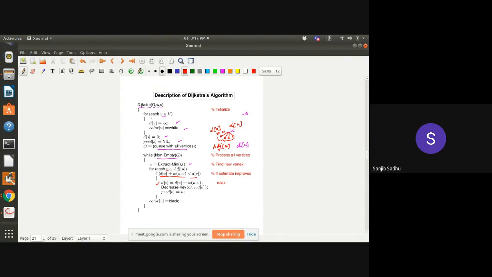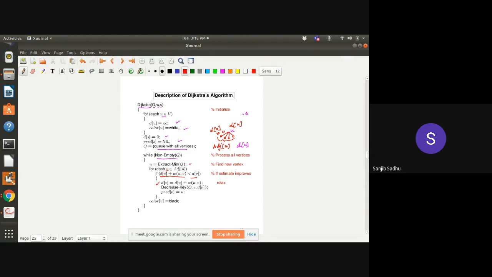For each u value you are assigning infinity and color white. These are constant time. Then you are creating this queue with all the vertices in log n, that you know. Then while the queue is not empty, you are doing extract minimum.